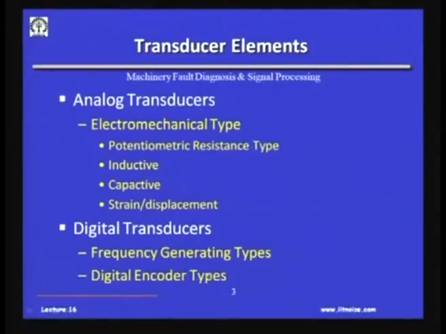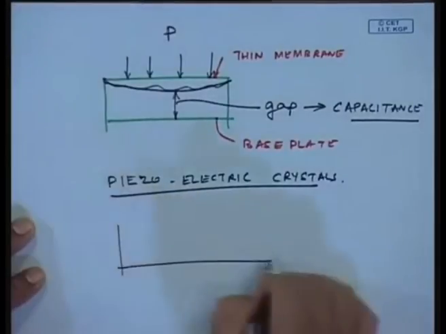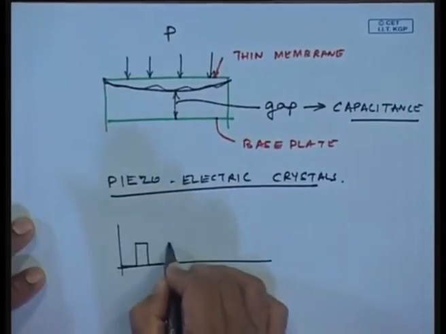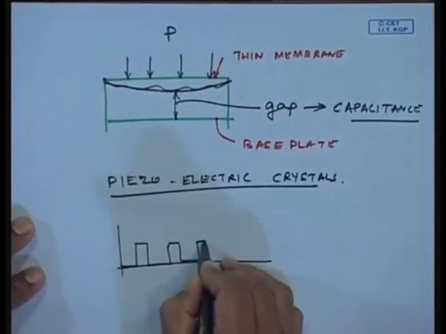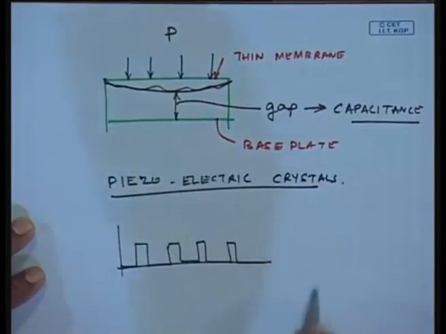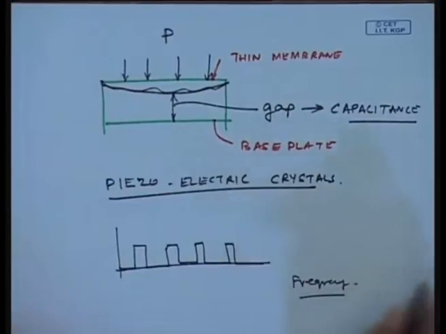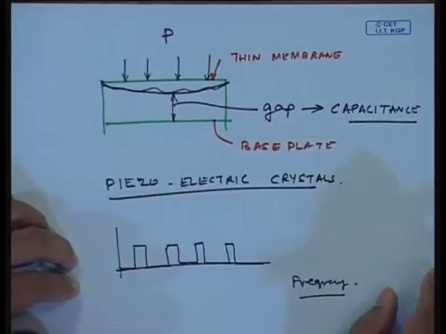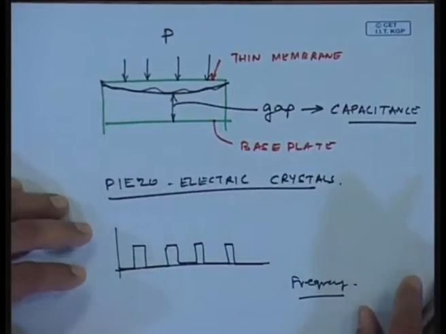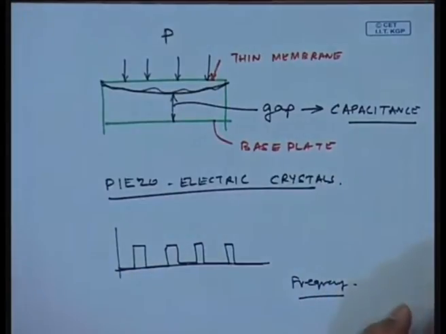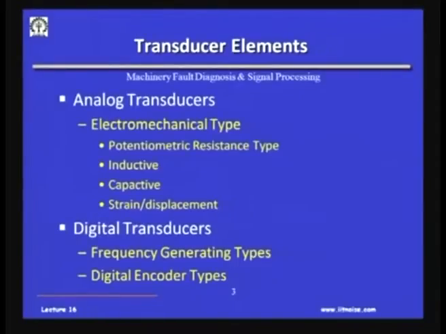They will generate the frequency generating type or the digital encoder types, wherein we will get a pulse train, and by measuring the pulse width we will get the frequency estimation. Okay. And these are used particularly in CNC machines, lathes, etc., to find out the speed fluctuation, etc. Okay. Now, based on these sensing elements, certain transducers are built, manufactured, and then we use them in CBM.